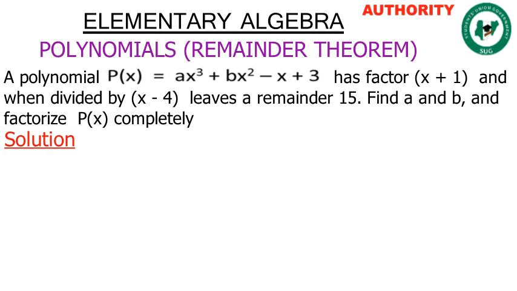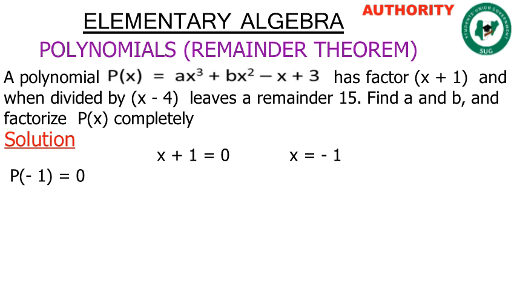That is, when our function is divided by x plus 1, we will have a quotient and remainder 0. Now we equate our factor x plus 1 to 0, so x plus 1 is equal to 0. Make x the subject: x is equal to minus 1.